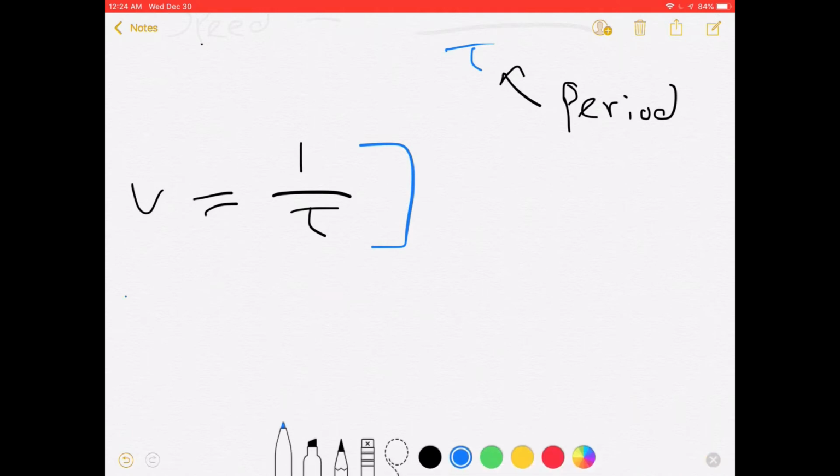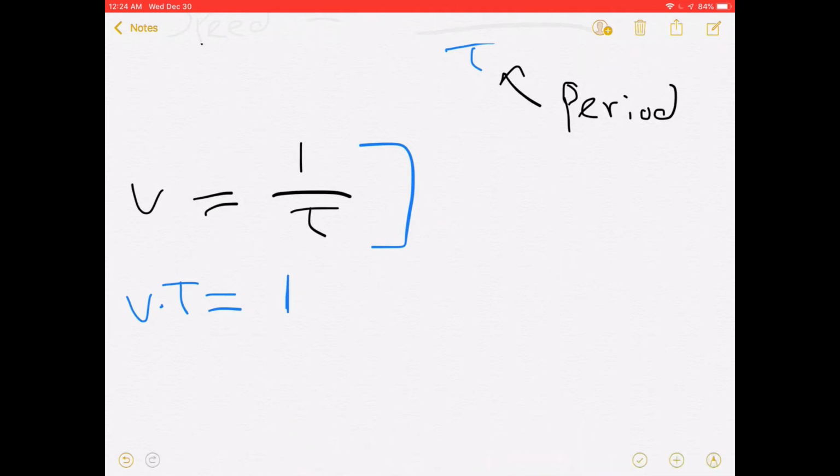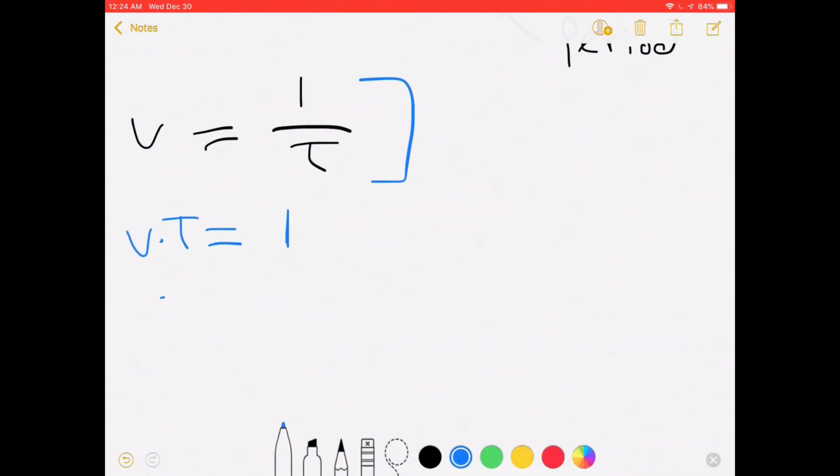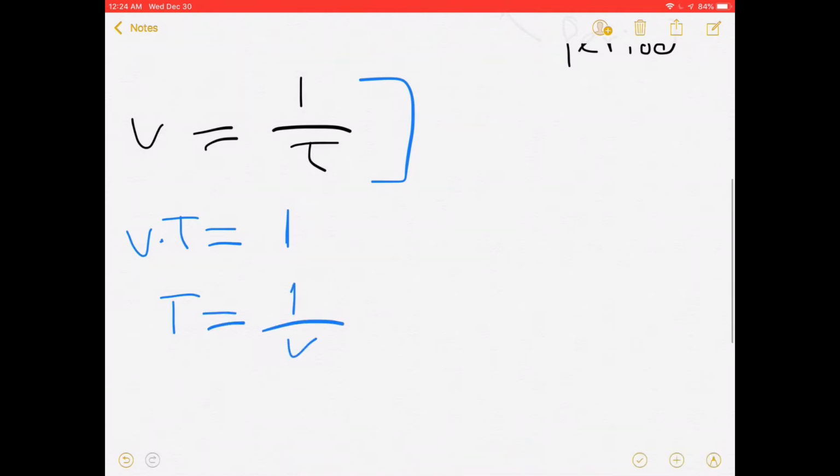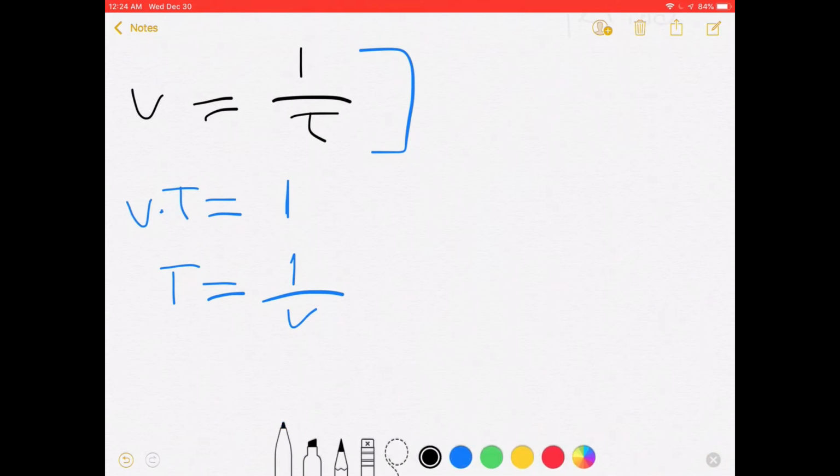So what we need to do is multiply by T on both sides. We get v times T equals 1. And now, to get T by itself, all we have to do is divide by v on both sides, and we get 1 over v. So the period is equal to 1 over the frequency.